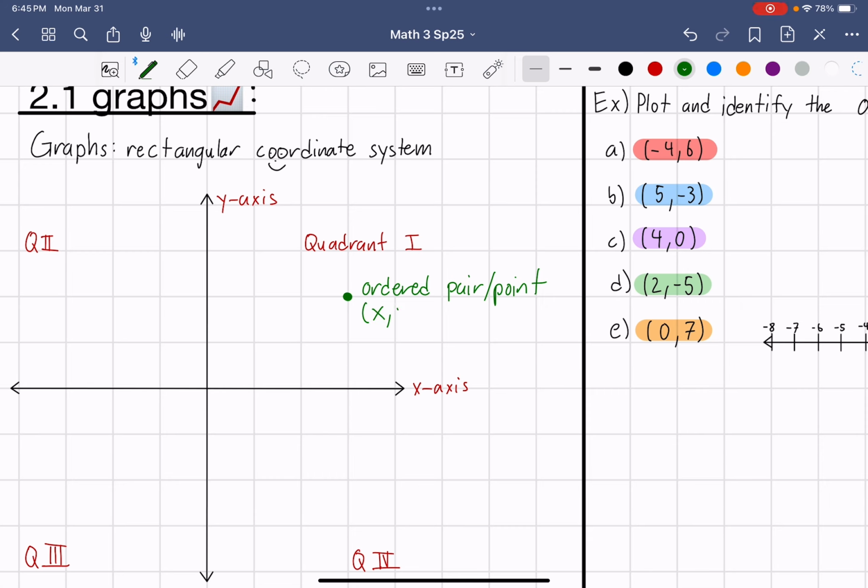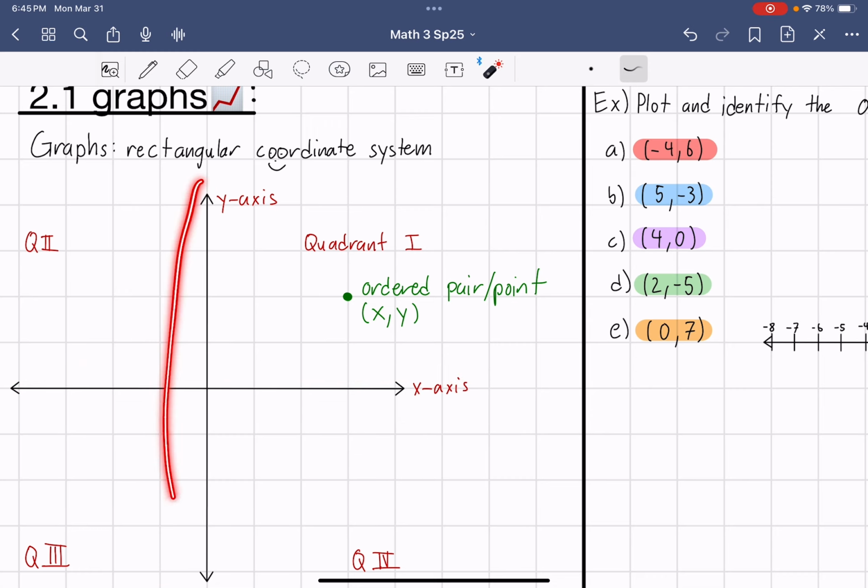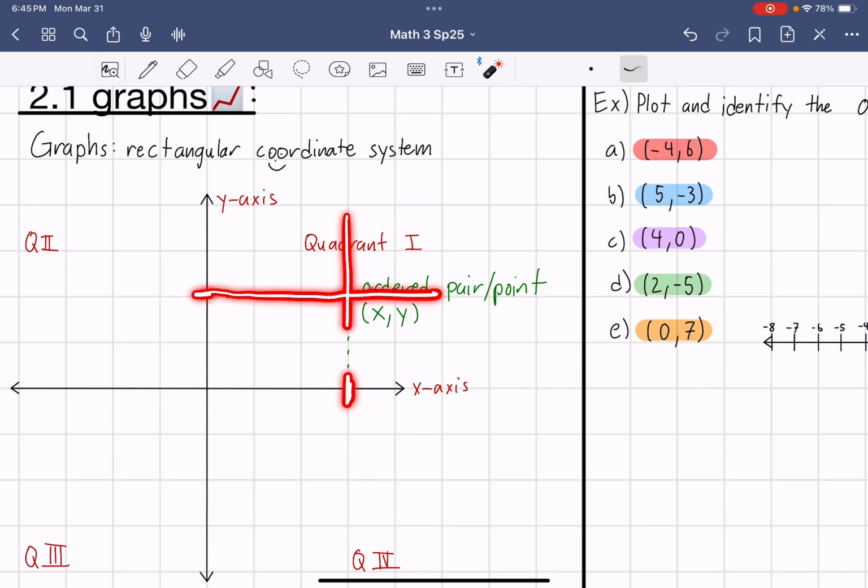And we call it an ordered pair because it always uses a value from the x-axis and a value from the y-axis. And that's how you determine that specific location. So there's some distance in the x direction, some distance in the y direction, and where they meet is how we list out the coordinate.